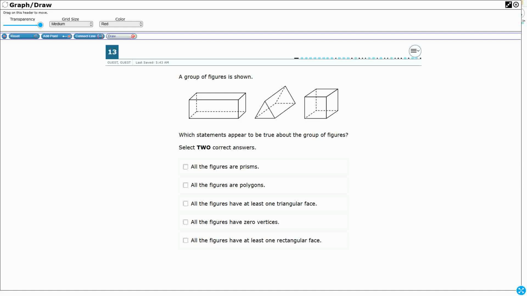Well, let's name these figures. Okay, so this one right here is going to be my rectangular prism. This right here is a triangular prism. It's not sitting on its base. It looks kind of like a tent. But this is a triangular prism.